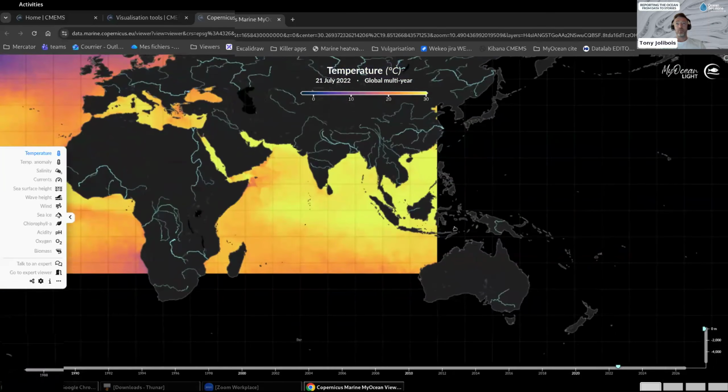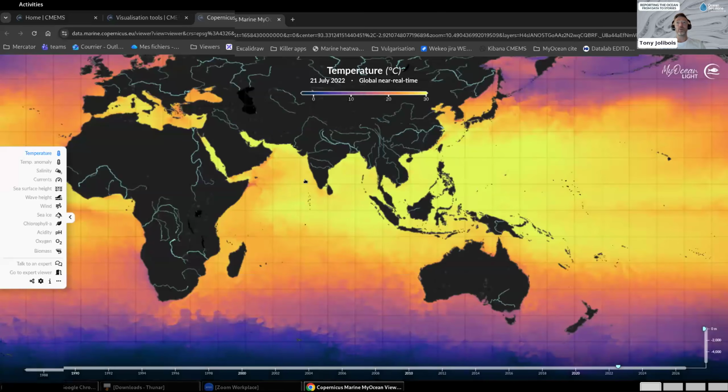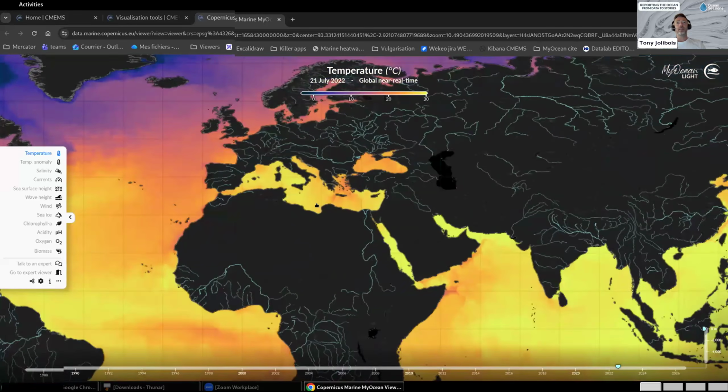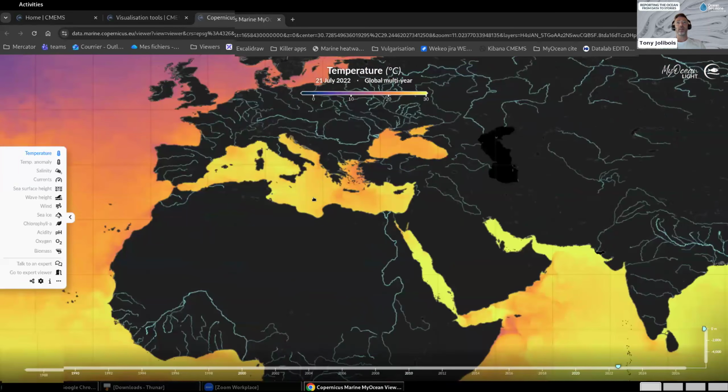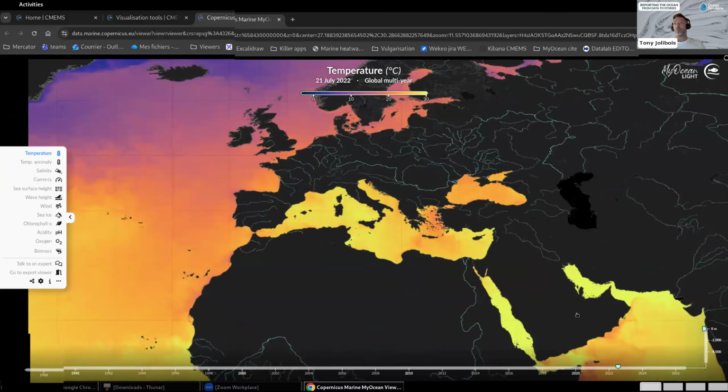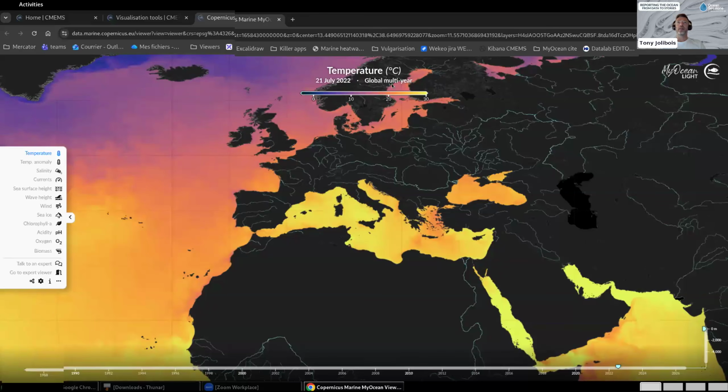So you pan and zoom really as you want. MyOcean Lite will always display the best data available, meaning that here we are in the past, and we see that it is displaying the global multi-year data.